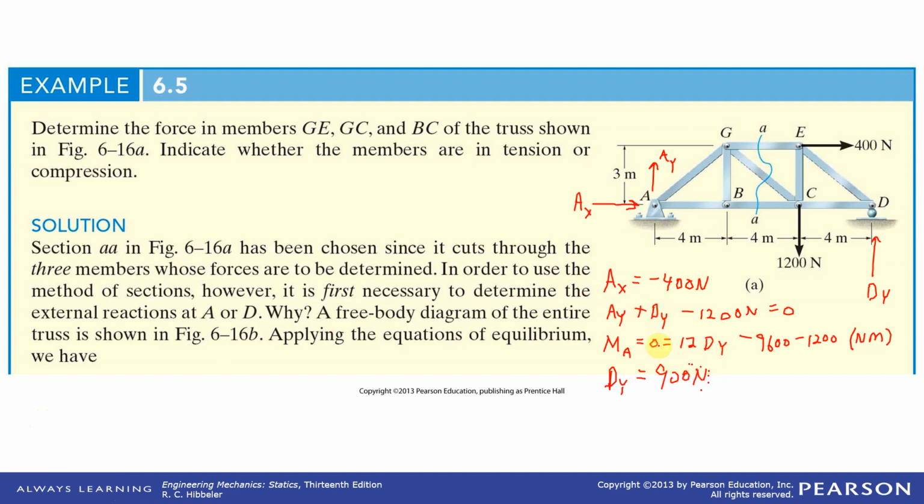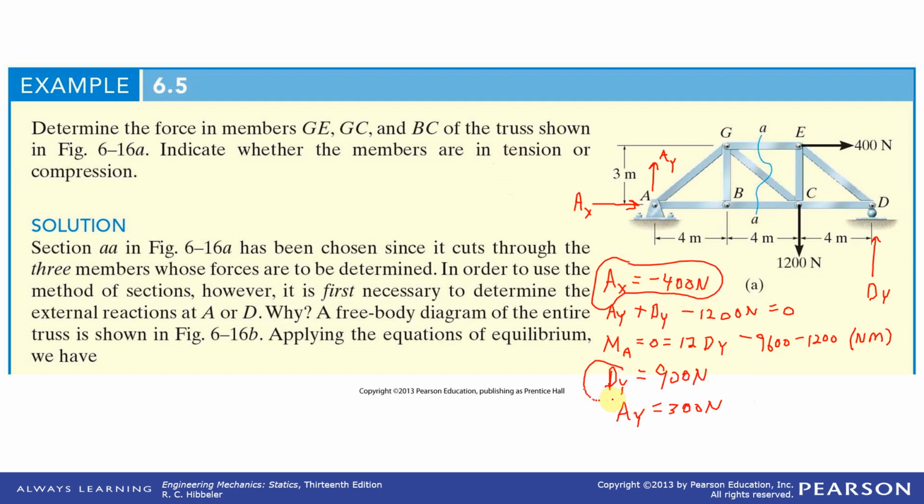So DY is 900, AY has to be 300. Okay, DY, AY, and we don't really need AY, but we will need DY for sure if we consider the right-hand side of the bridge. So circle this up.